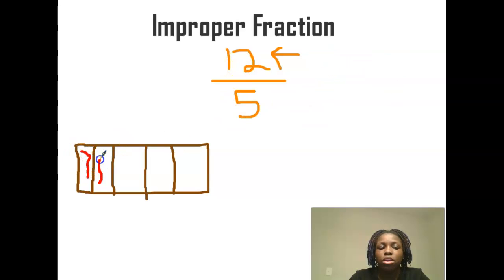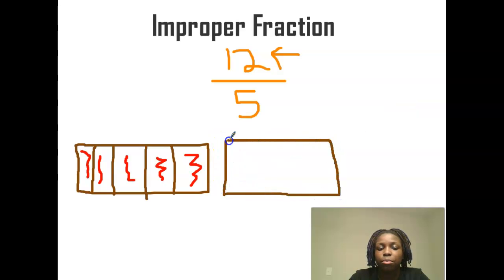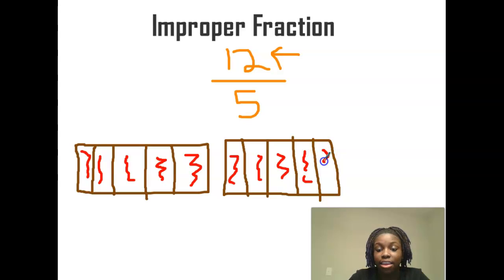So I'm going to shade in 1, 2, 3, 4, 5. Then I realize, oh, I need another chocolate bar because I have to shade in 12. So I'm going to draw another chocolate bar with 5 pieces. All right, so I have 1, 2, 3, 4, 5 shaded. Then 6, 7, 8, 9, 10.